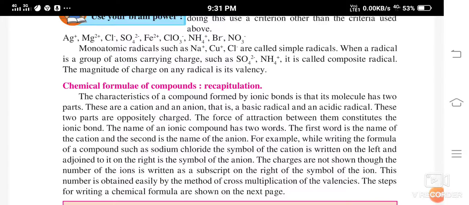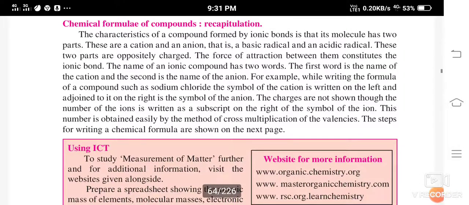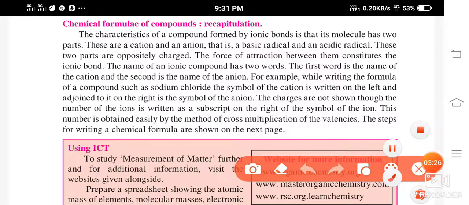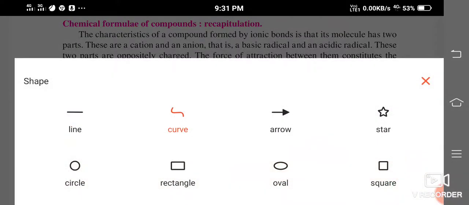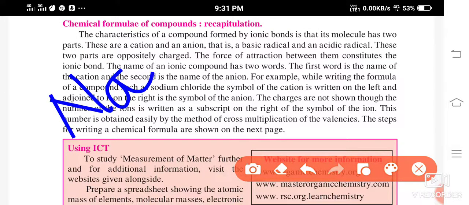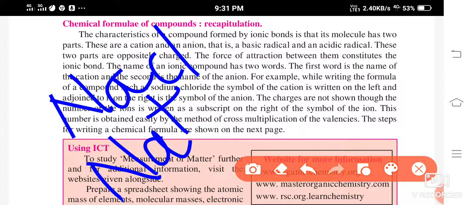While writing the formula, sodium chloride is the example given to you. While writing the formula of a compound such as sodium chloride, the symbol of the cation is written on the left and adjoined to it on the right is the symbol of the anion. In sodium chloride, sodium is the cation and chlorine is the anion.